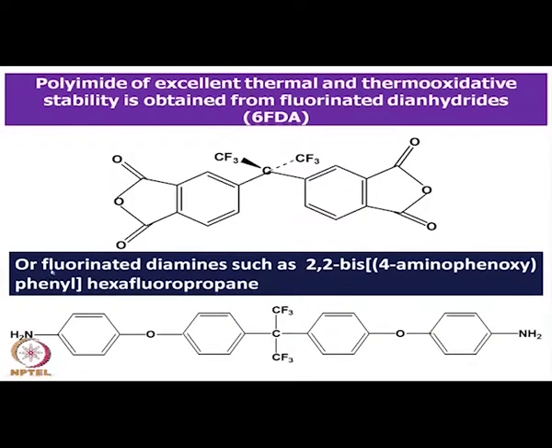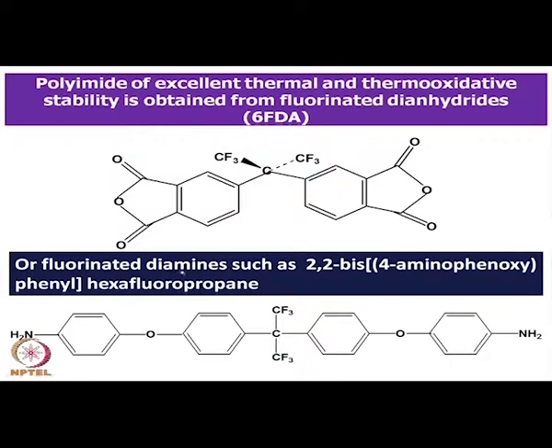Or one can use fluorinated diamines, such as this formula, diamines having two amine groups at the two ends of this chemical compound. At the middle, the hydrogens of the methyl groups are replaced by fluorine atoms.